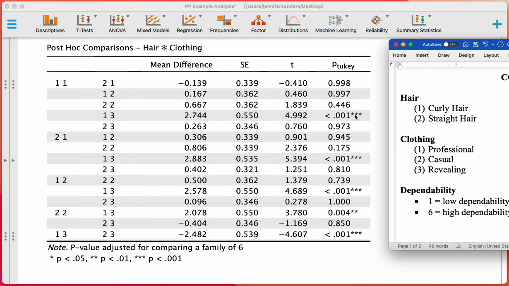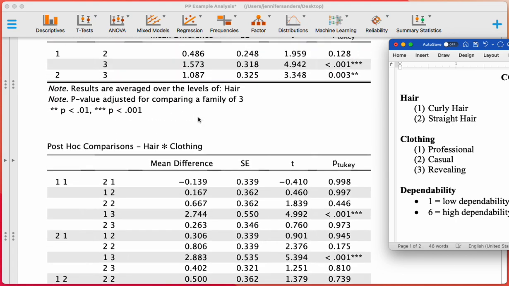We do have a significant difference here, so we can read where that's at. So it's going to be curly hair with professional clothing minus curly hair with revealing clothing. So candidates that had curly hair with professional clothes were more dependable than candidates who had curly hair with revealing clothes, and that difference is about 2.74.